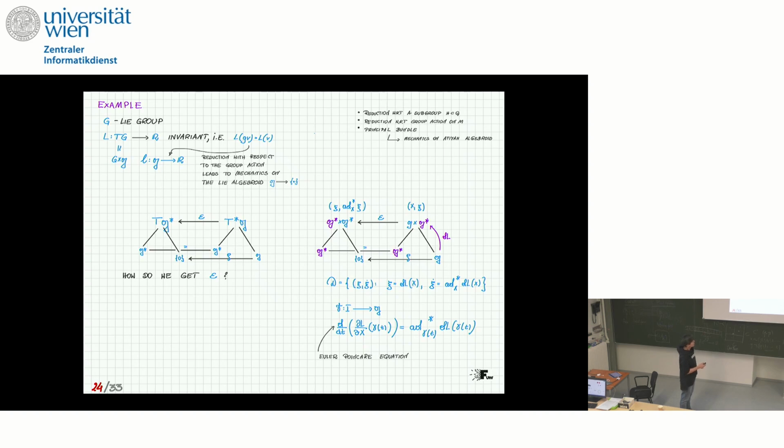We take the differential of the Lagrangian and we compose it with epsilon, and we get the dynamics as written here, which means that the curve in G star should satisfy this equation. We can write it as an equation for a curve in the Lie algebra. What we will get is exactly Euler-Poincaré equation here.